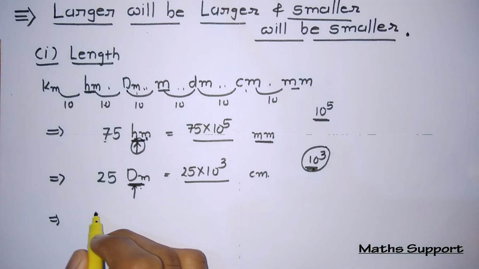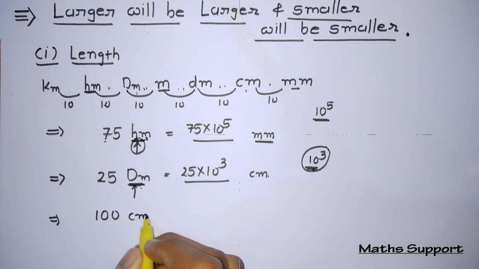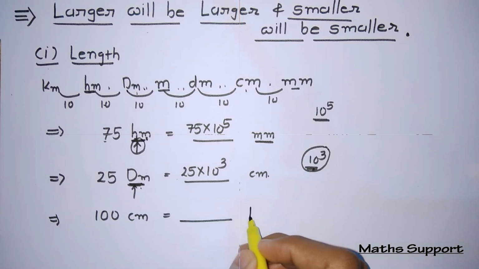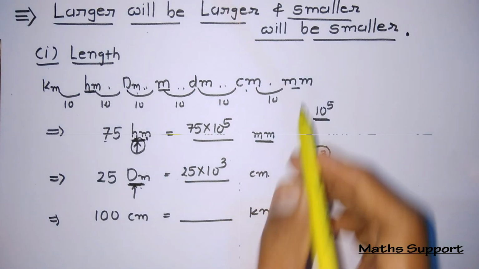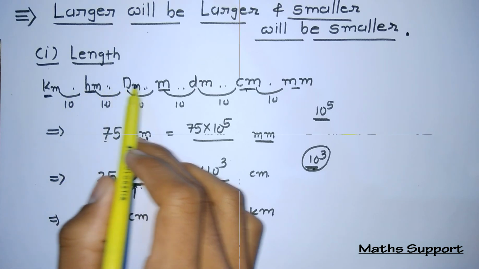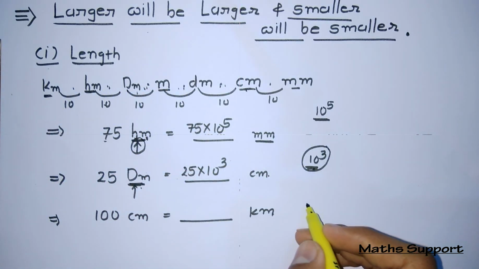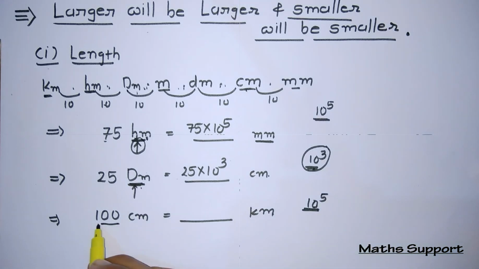Similarly, suppose you want to convert 100 centimeter into kilometer. First find the relation. Centimeter is here and kilometer is here. So there is a gap of 1, 2, 3, 4, 5. So the relation is 10 raised to 5. Now find out whether we'll multiply or divide.